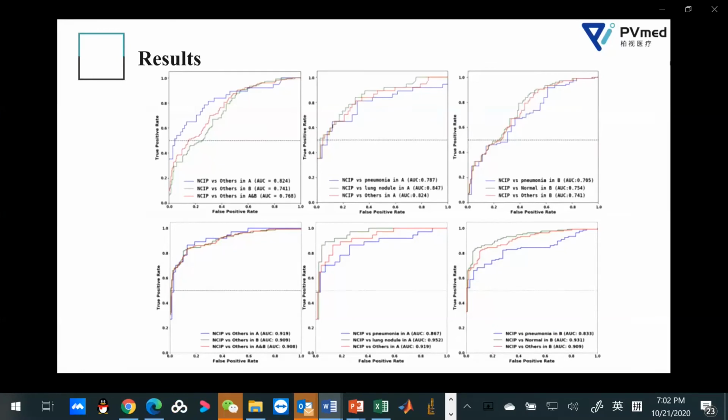Furthermore, we can see that there were no significant differences between three pairwise ROC analyses in NCIP-Net for different datasets. Thus, the results demonstrate the machine learning with limited training dataset can also achieve good performance in NCIP diagnosis.